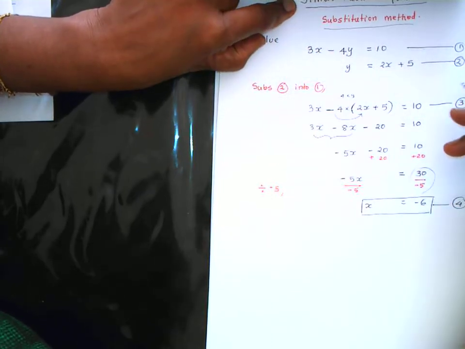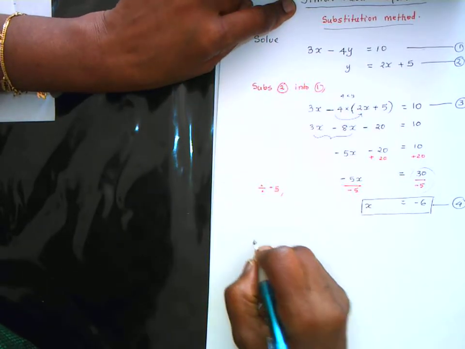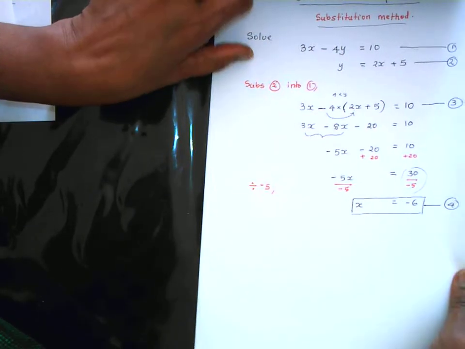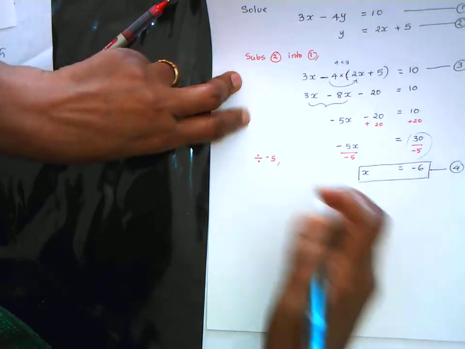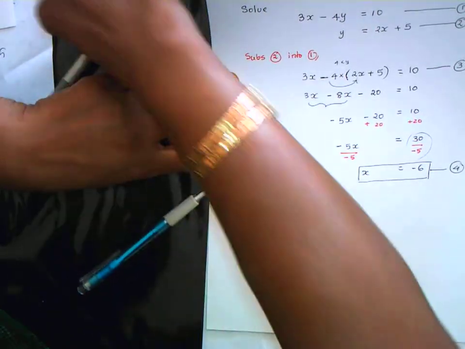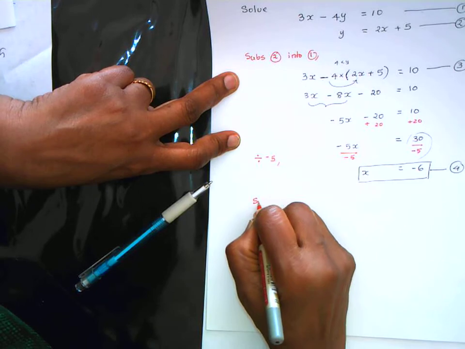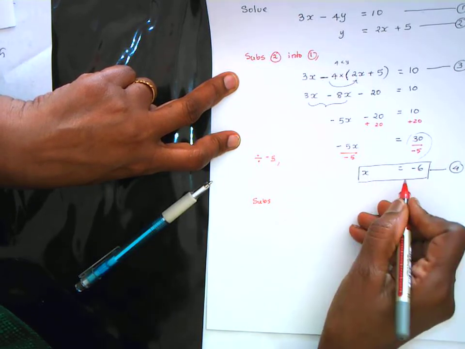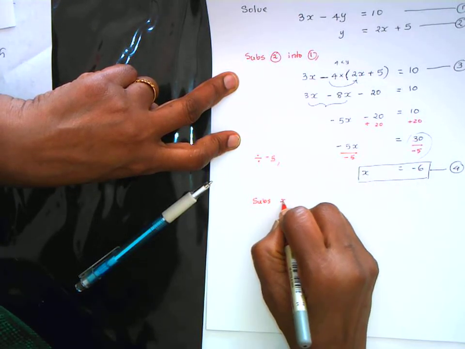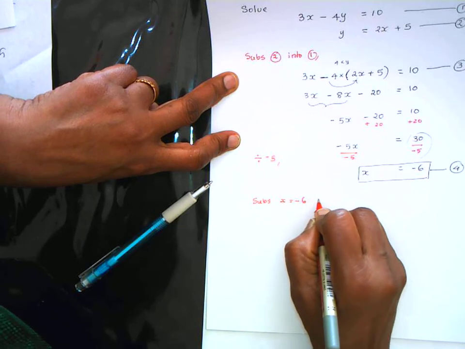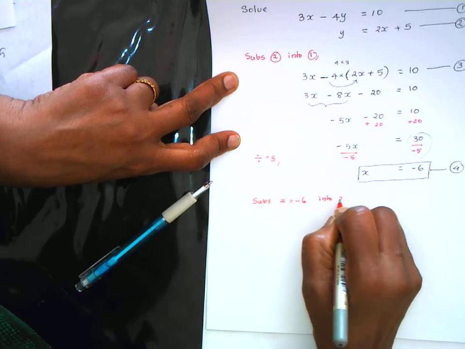So I'm going to use the easy option, which means I'm going to write: substitute x equal to minus 6 into equation 2.